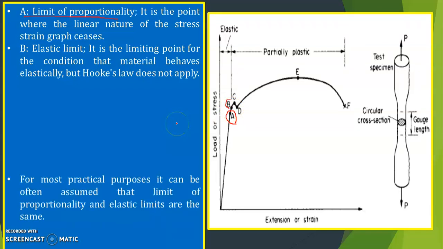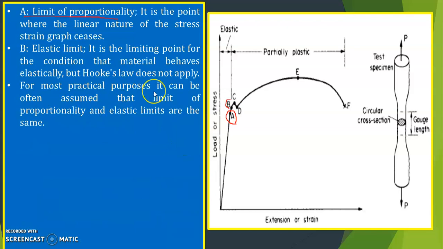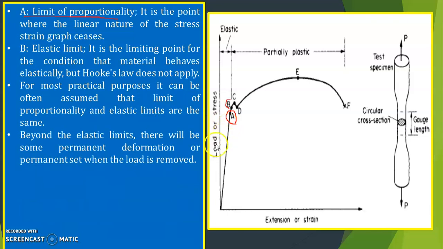For most practical purposes, it can often be assumed that the limit of proportionality and the elastic limit are the same. You can see here there is a small difference. Beyond the elastic limit, there will be some permanent deformation or permanent set when the load is removed.